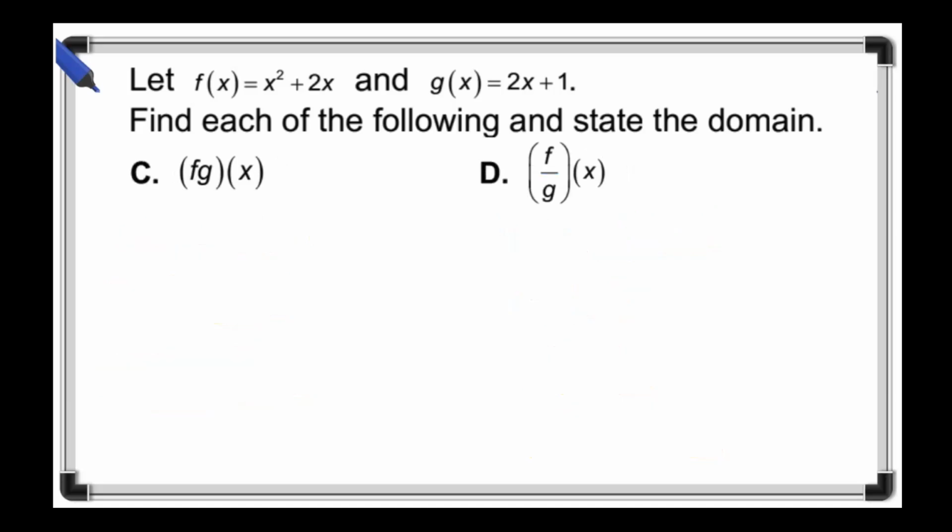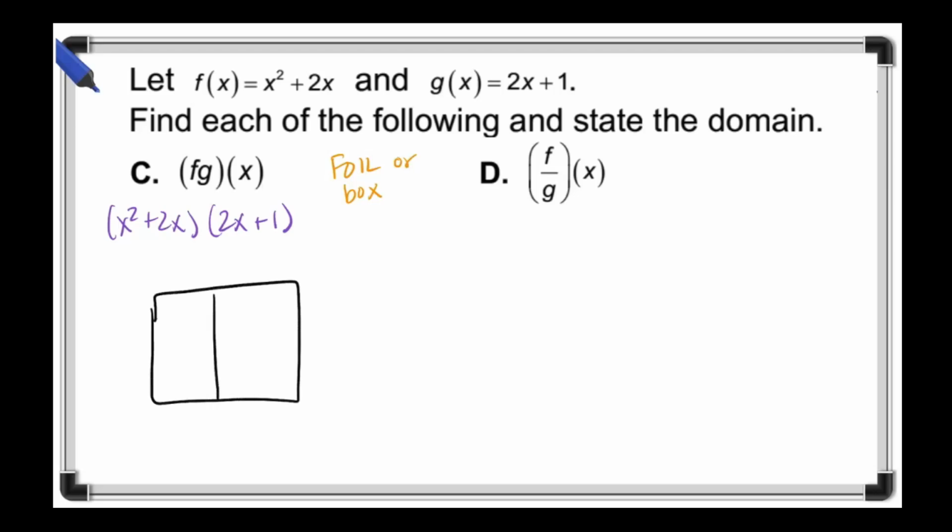All right, now we're going to do our multiplication. We're going to multiply x squared plus 2x times 2x plus 1. Again, you can do one of two things: you can use FOIL or you can use the box method when you are multiplying binomials together. We're going to do the box method.